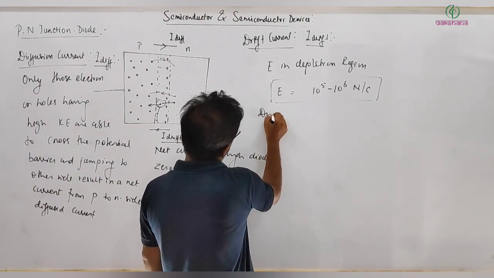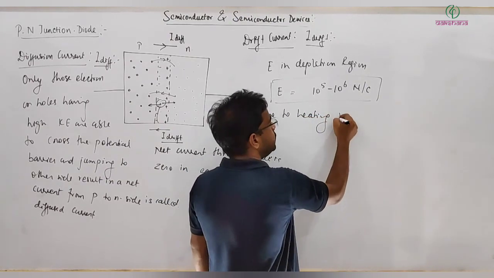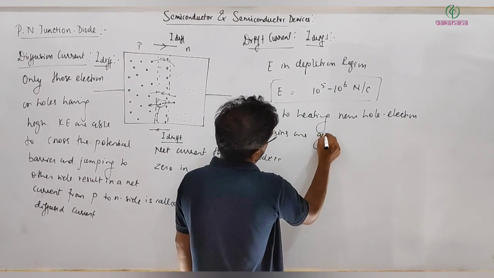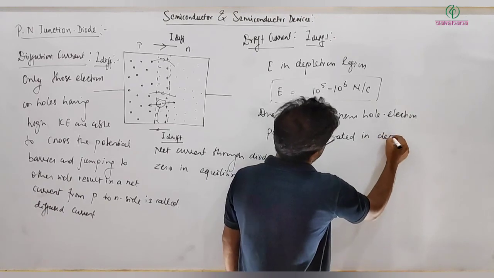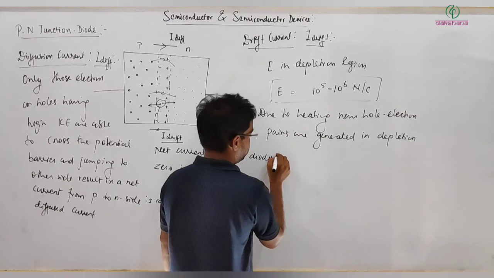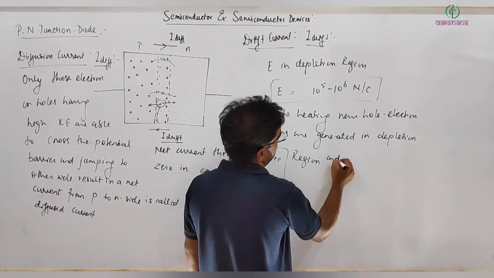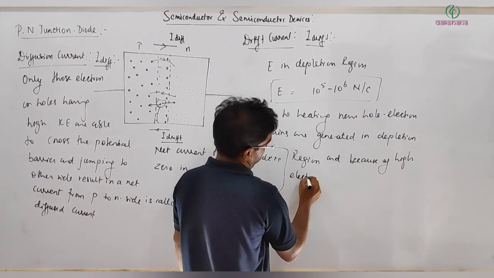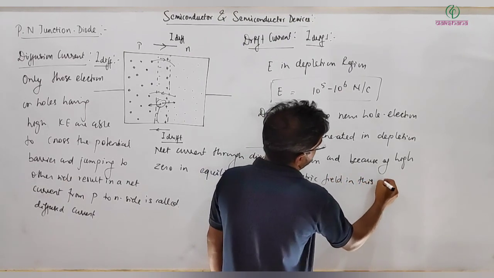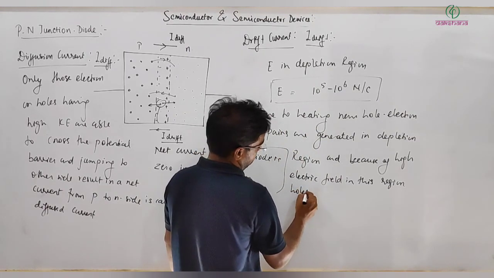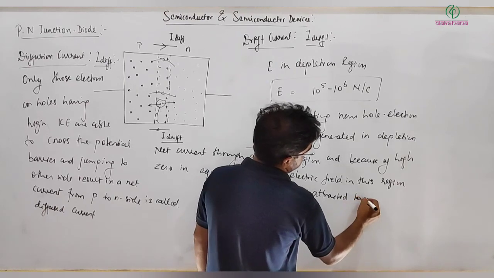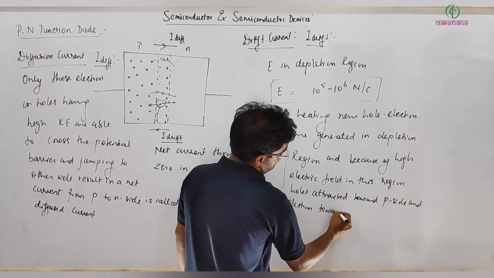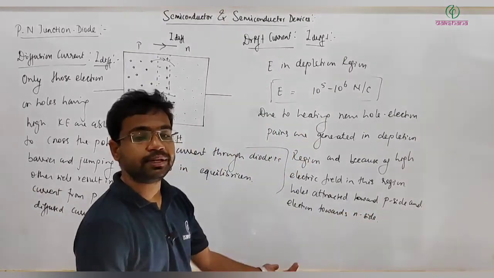So due to heating, new hole-electron pairs are generated in the depletion region, and because of the high electric field in this region, holes are attracted towards the p side and electrons towards the n side by the electric field due to the potential barrier.